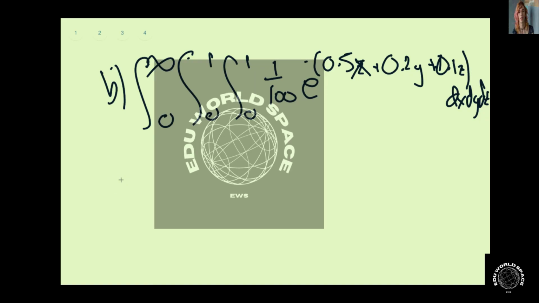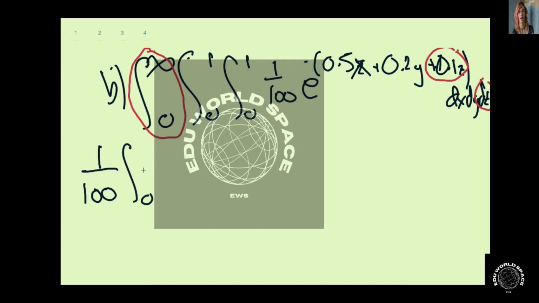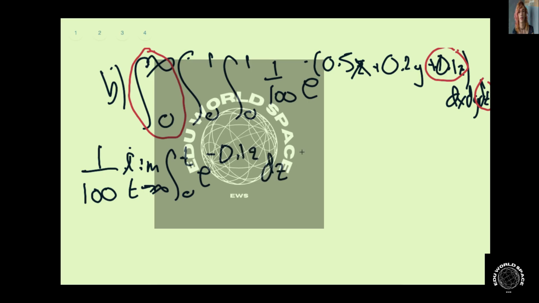Integrating with respect to z, we know from the previous problem what we're going to get. So 1 over 100, we'll pull out the constant. I guess we'll do this as a limit, t goes to infinity, 0 to t, e to the negative 0.1z dz. And then we've got these integrals here.